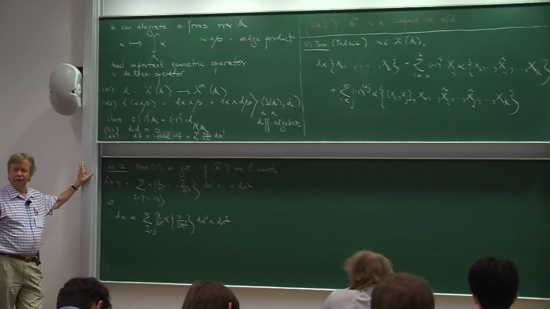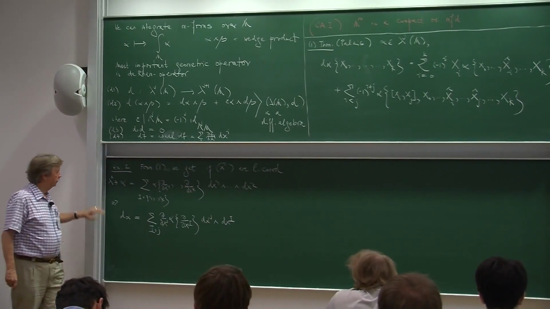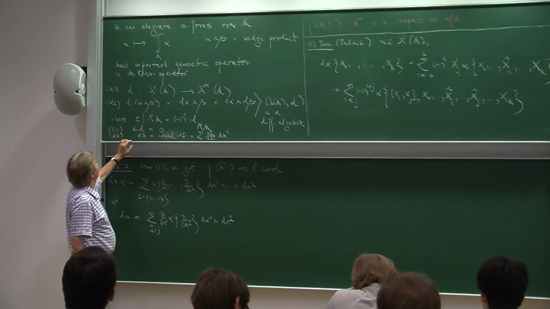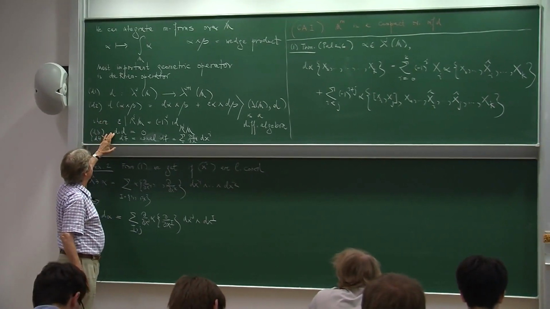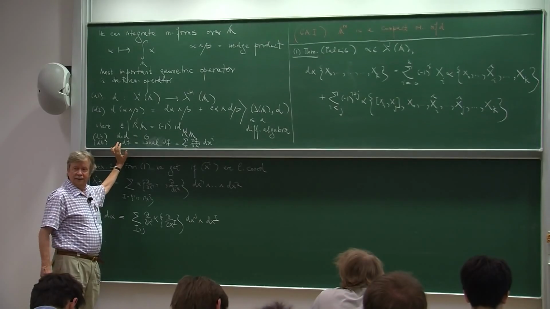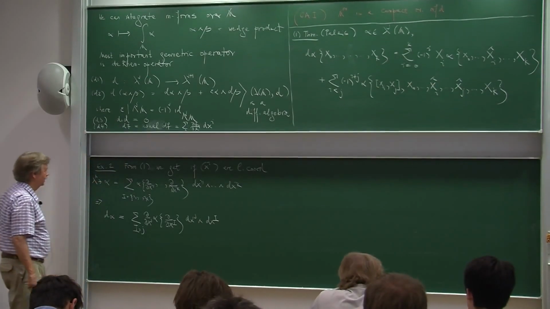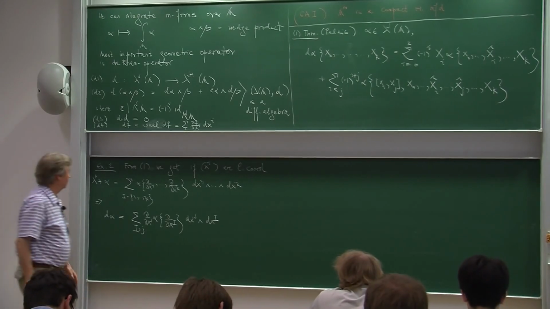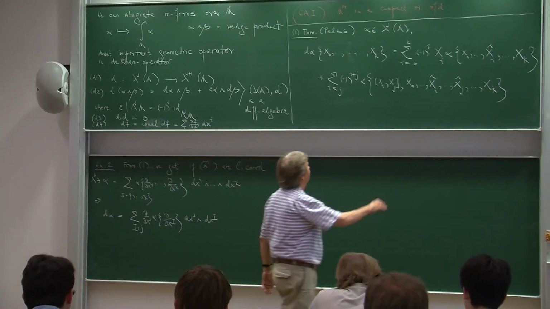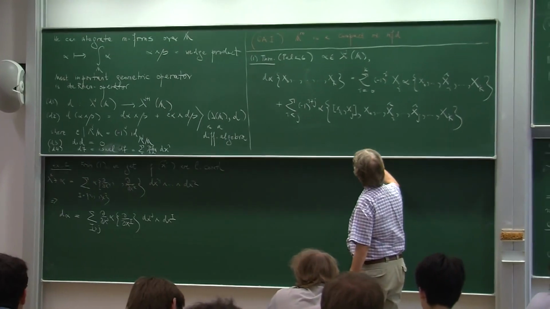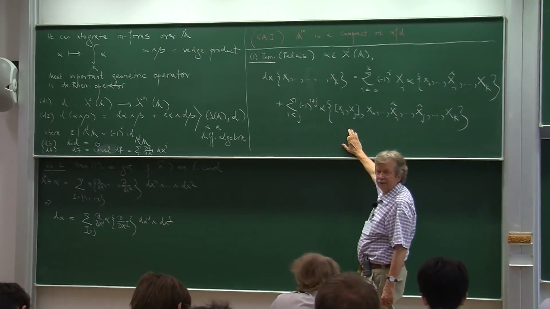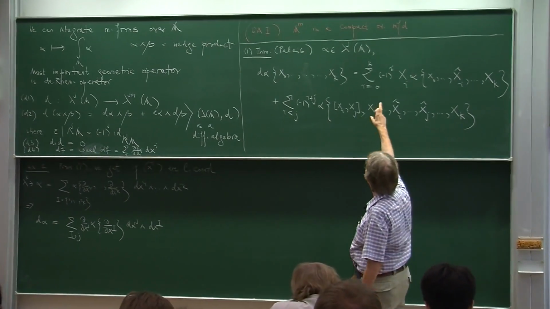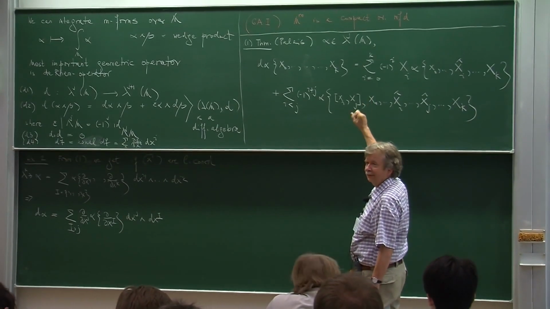This is the formula you certainly all know. From this formula you prove this here, and this here, and this here. Okay? So then you are done. But of course, you have to work with this formula. And one thing you see immediately is that the Lie bracket of two coordinate vector fields is 0. So you are left with this one. Then you have to play with it.